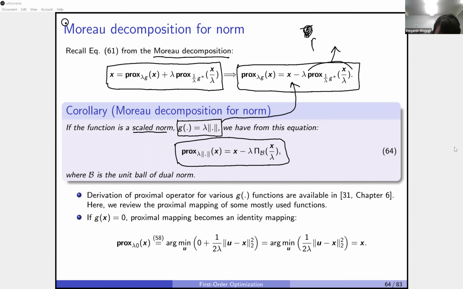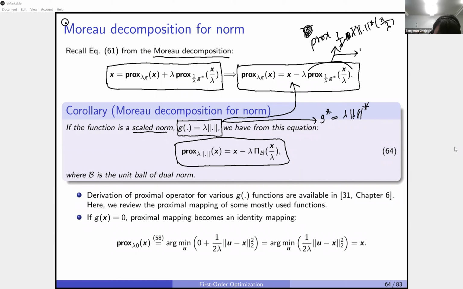So when we say that, because we set g to lambda times a norm, right? Then g star, what is g star? It is lambda times the norm star. Norm star means the dual norm. So now I'm replacing g star with lambda norm star. x over lambda. So this lambda and lambda cancel each other.